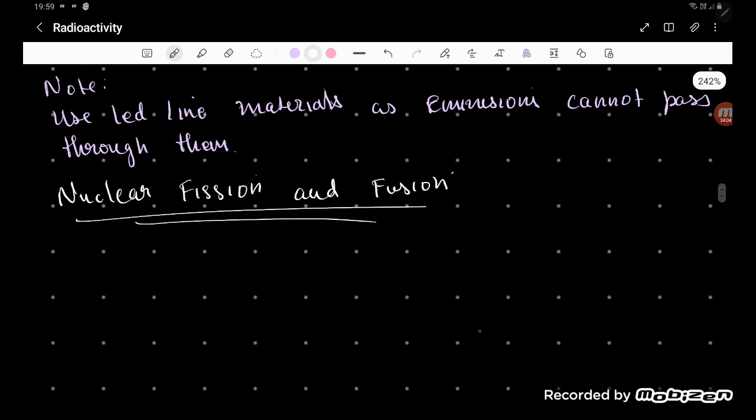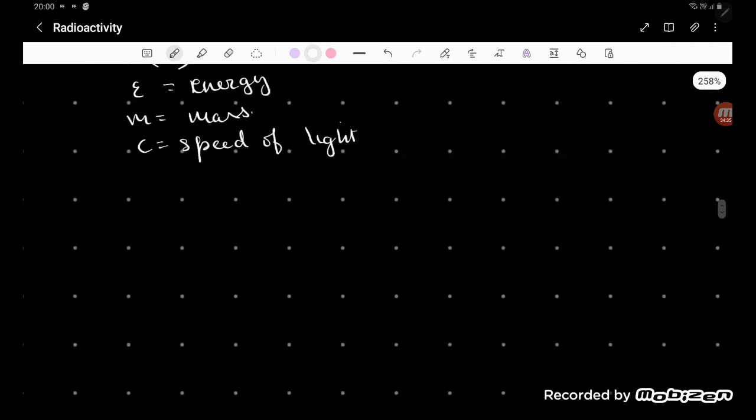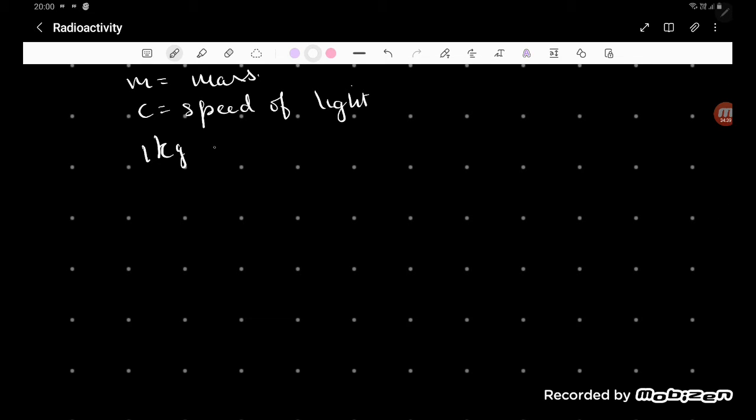Some important stuff you have to remember is that the formula is E equals delta m c squared, where E equals energy, m equals mass, and c equals the speed of light. 1 kg of mass equals 9 times 10 to the power 16 joules, or 2.5 times 10 to the power 10 kilowatt hour.